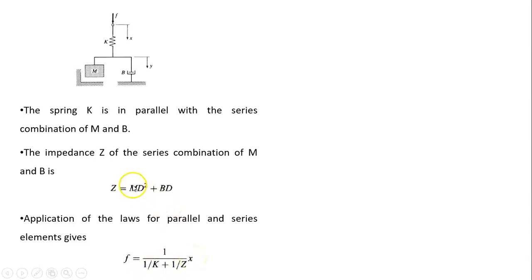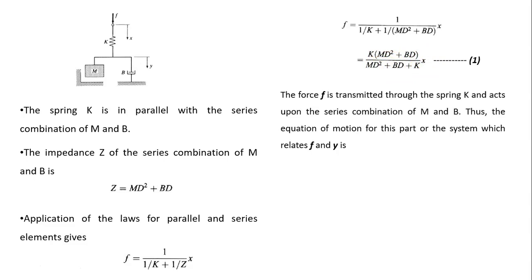Now substituting the value of Z, we are getting F is equal to 1 divided by 1 upon k plus 1 upon mD square plus bD, into x. Therefore, by simplification, F is equal to k into bracket mD square plus bD divided by mD square plus bD plus k, into x. Equation 1.